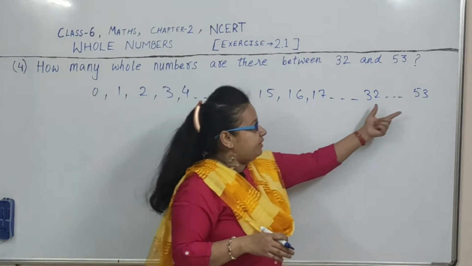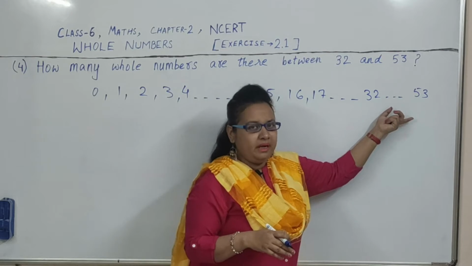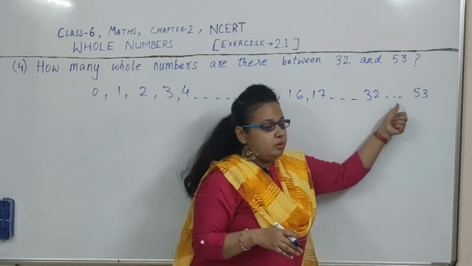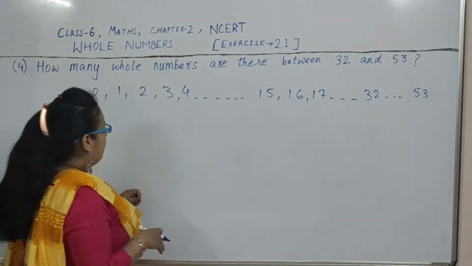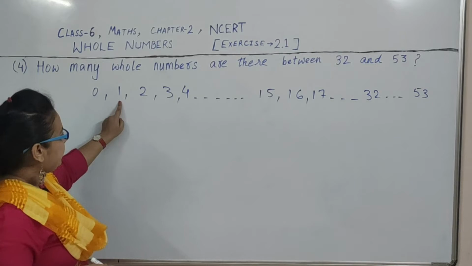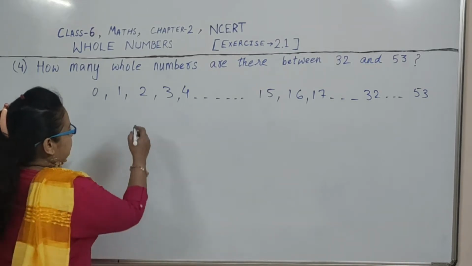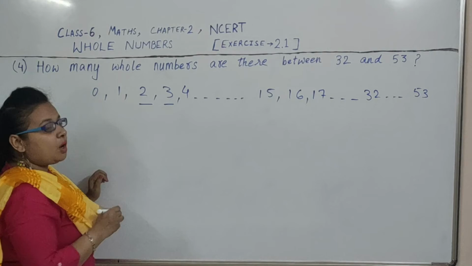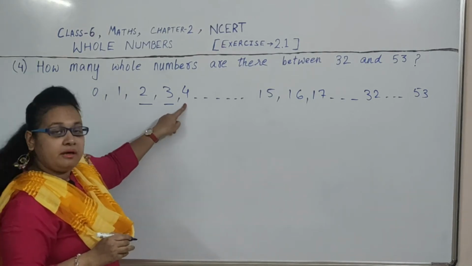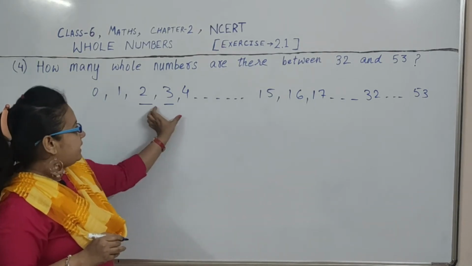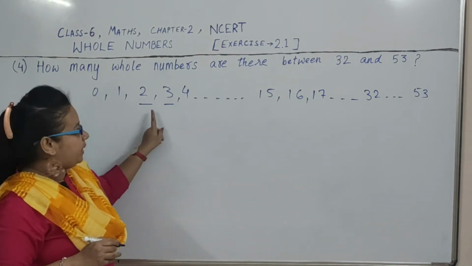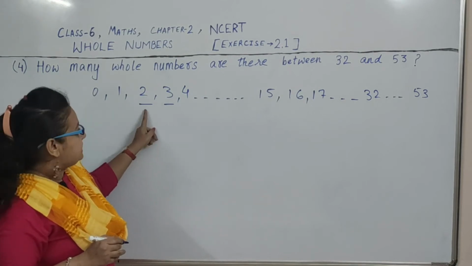Okay, so the gap between these two numbers is more, so there will be more numbers between them. Suppose someone asks you how many whole numbers are there between 1 and 4, you can say that 2 and 3 are the whole numbers between 1 and 4. Since the gap is small, you can very easily say that.